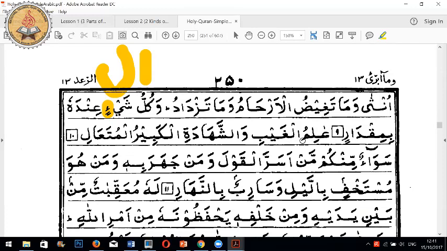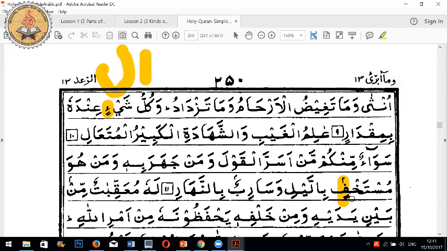Similarly, if I say mustakhfin, this word mustakhfin, I would say al-mustakhfi. That tanween, one stroke will be removed, and it will be al-mustakhfi. Only the similar stroke will go.